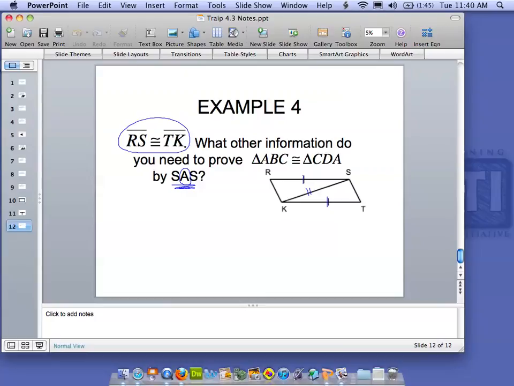So what I'm missing is the fact that angle RSK, so I'm going to say I would need to know that angle RSK is congruent to angle TKS. And if I knew that, then I could prove the two triangles are congruent by side, angle, side. And that is your 4-3 notes. We're going to do lots of practice with this in class.